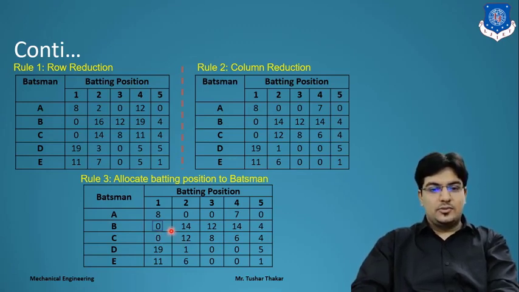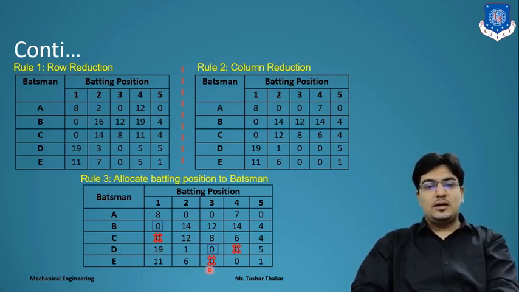So we have to put a cross mark over here, and in that respective row there is no other 0. So next we assign here, we get 0 for D at position 3, so we have to eliminate this 0 and this 0. Why do we have to cancel out a 0?